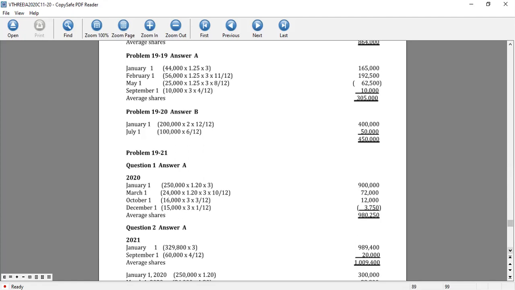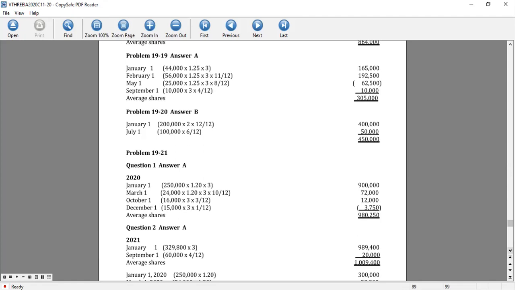So only 25,000 for the September 1 transactions. 10,000 we multiply by the stock split of 3, and we multiply by 4 over 12. That's from September 1 to December 31. So the average number of shares is 305,000. The weighted average number of shares.